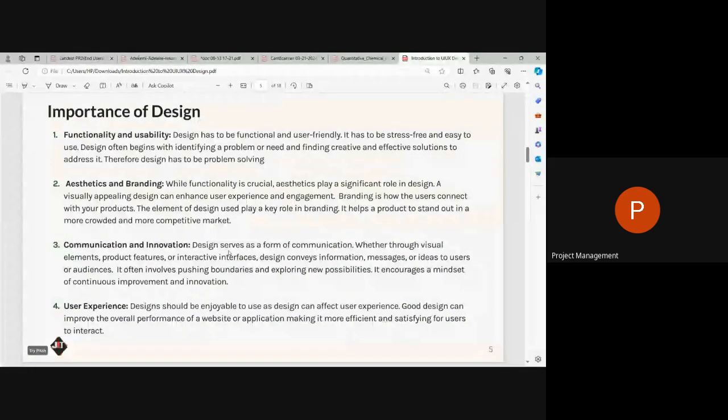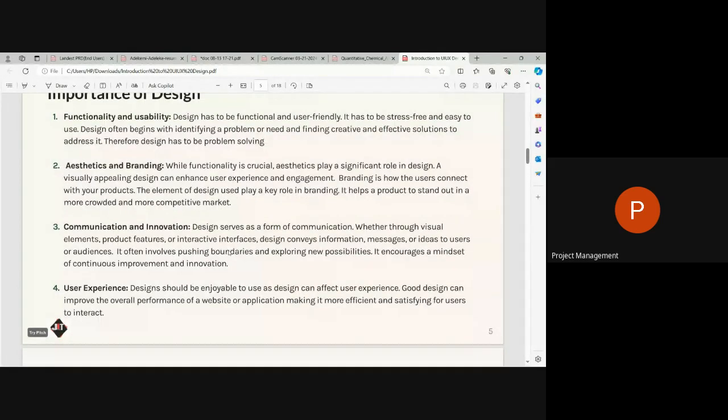You get that? Also, on the functionality part, whenever you want to design something, you have to make sure there's a problem you're trying to solve, and that the design is solving that problem. Whenever you want to design, you identify a problem and you make sure you're solving it. So that's the first one.